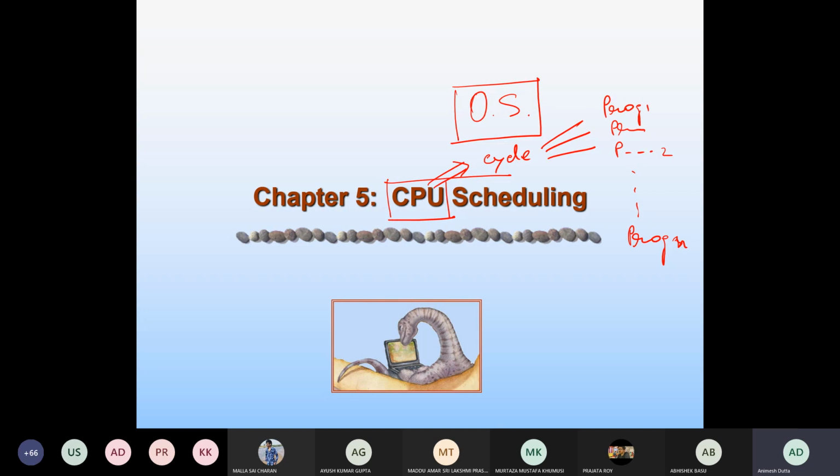How will the set of programs that you submit be scheduled in the CPU such that their total execution time will be minimized? Just like we have a class routine schedule, in the same way we need to make some kind of scheduling algorithm.